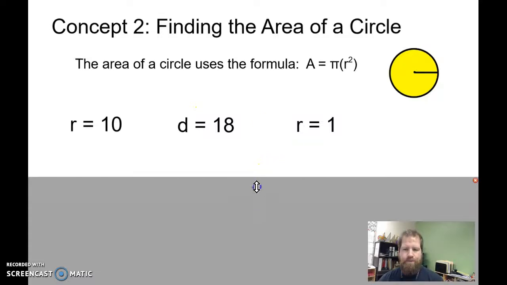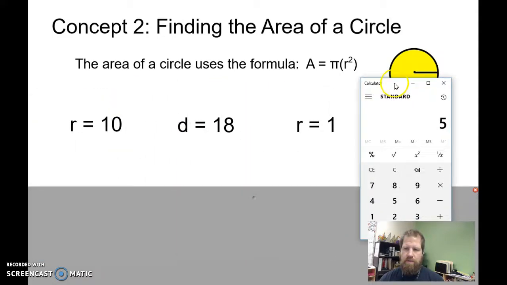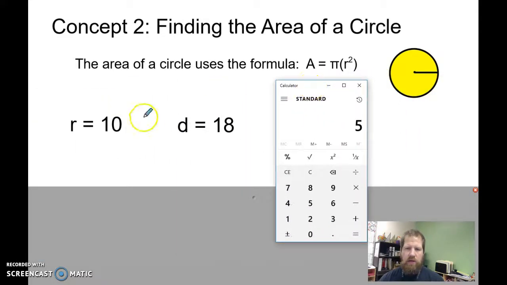Alright, so let's do a couple. I've got my radius of 10, and when I'm using a calculator for these ones, I try and just do it as two separate problems.